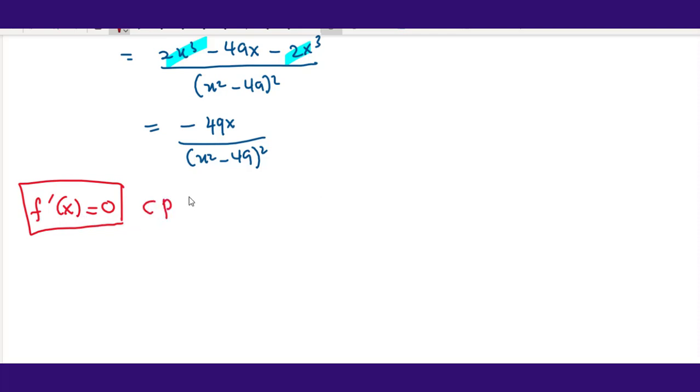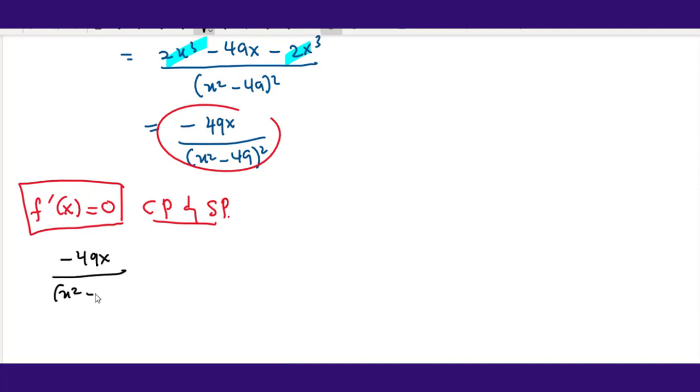Negative 98x over x squared minus 49 squared is equal to 0, so negative 98x is equal to 0. Therefore, x is equal to 0.